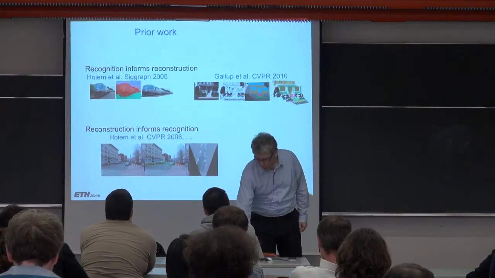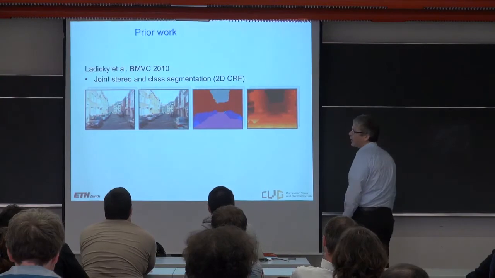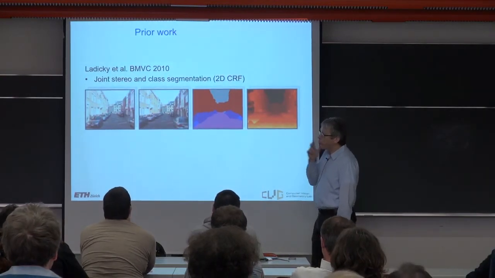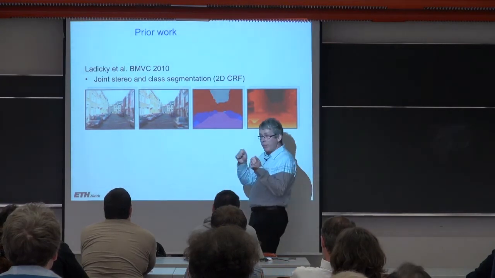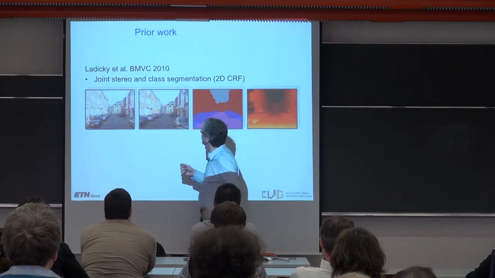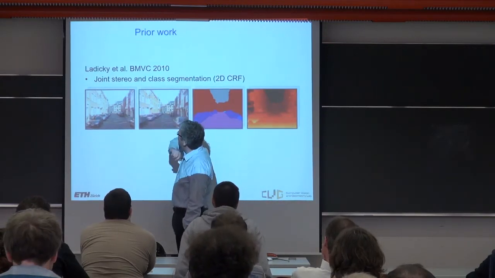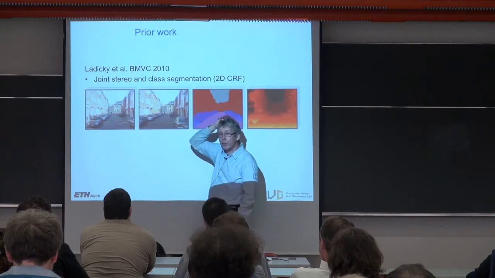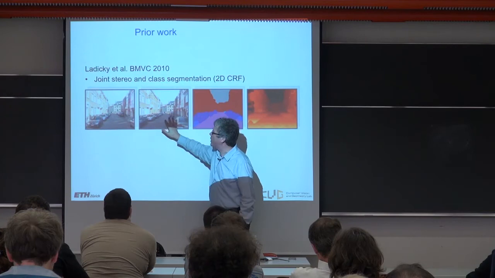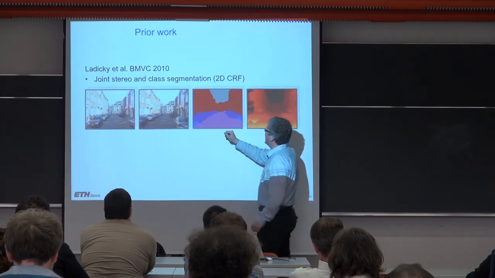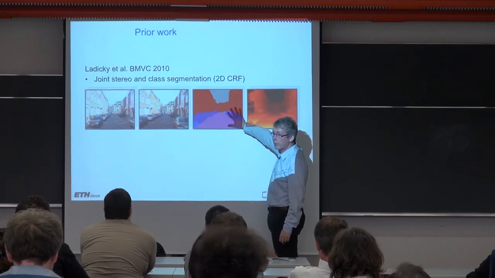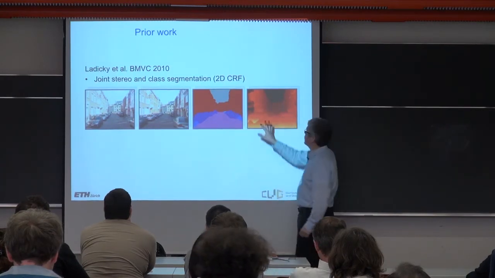Okay? In terms of joint work, there's been very little prior to what we did. So probably the only real joint inference, there's been many other works that do one after the other, but where both are estimated together, there's probably only this work here by Ladicky et al., who's actually now a postdoc in my group, but this was done before that. Here, from a number of images, a stereo pair, they would extract at the same time the labeling from these images and the depth.